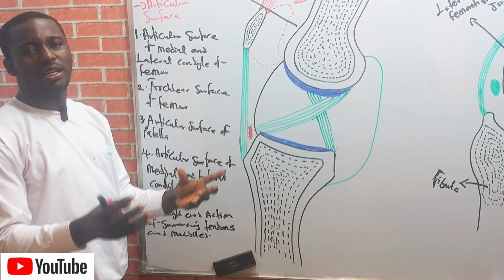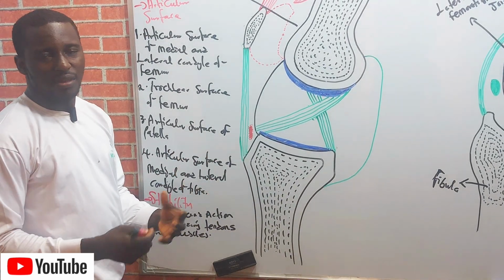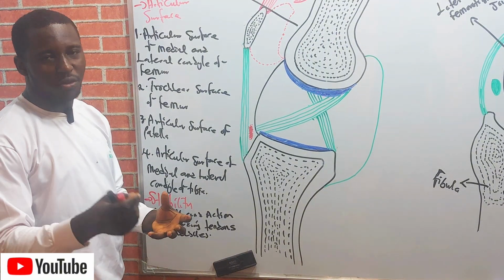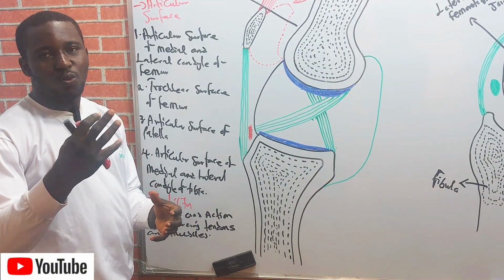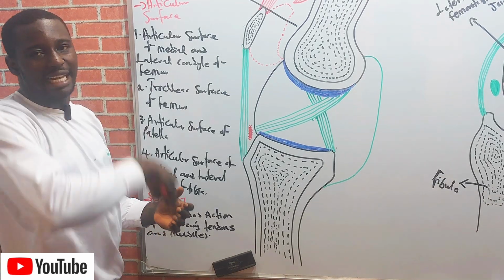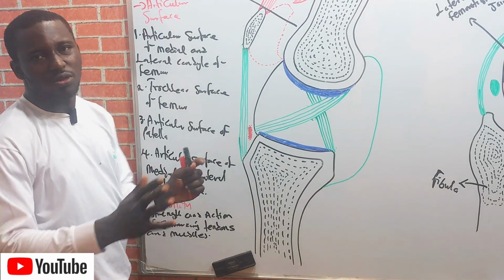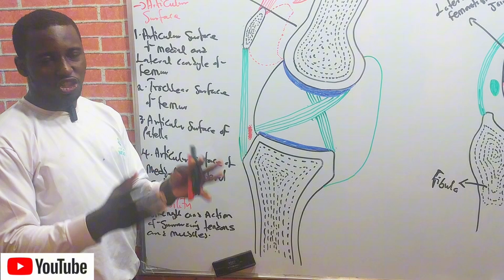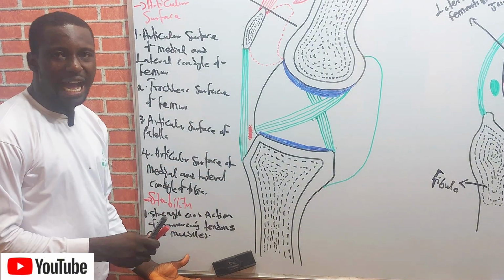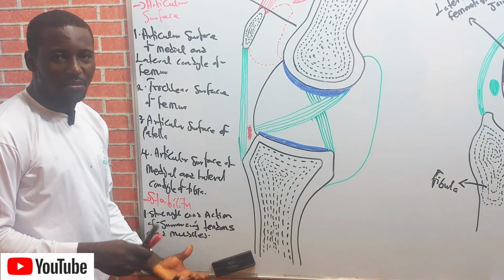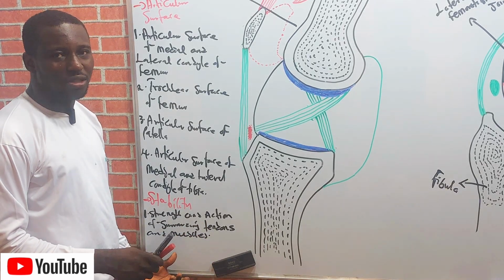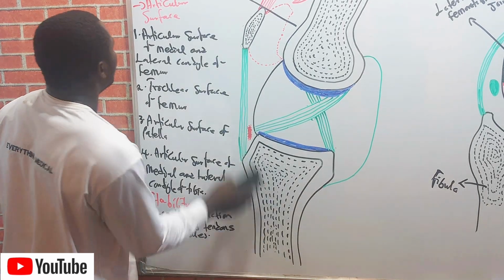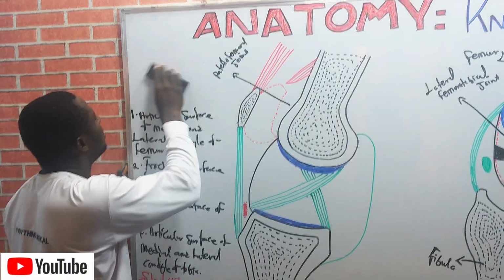Because there are so many tendons that surround the knee joint. For example, the tendons of quadriceps femoris, that is the quad muscles, insert on the patella. So they help to stabilize the knee joint. That is why it has its stability: the strength and action of the surrounding tendons and the muscles.